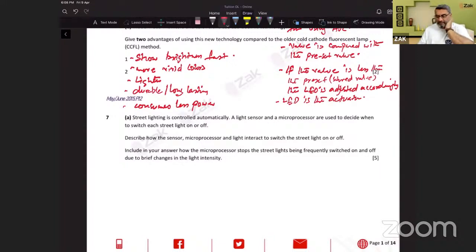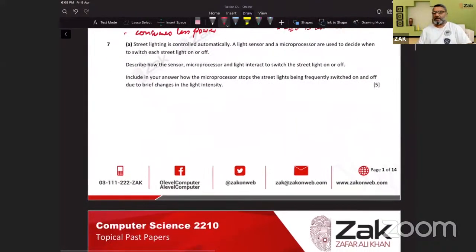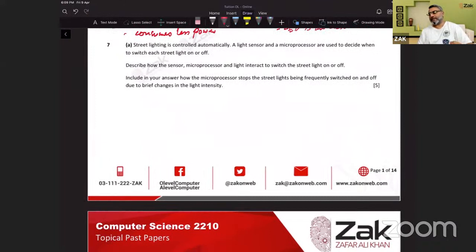So it is again monitoring and control because there is a street light which is bringing change in the environment. ठीक है ना? Describe how the sensor, microprocessor and light interact to switch the street light on and off. Include in your answer how the microprocessor stops a street light being frequently switched on and off due to brief changes in the light intensity. ठीक है ना?